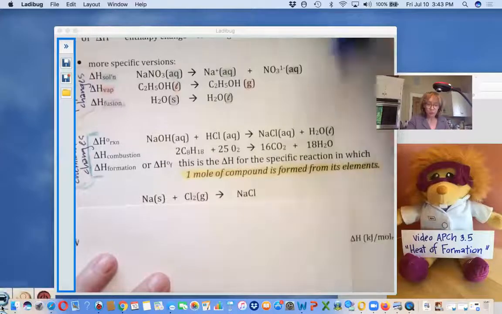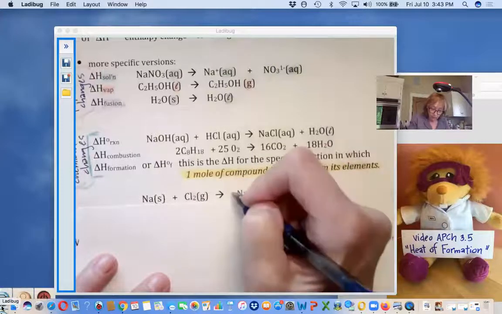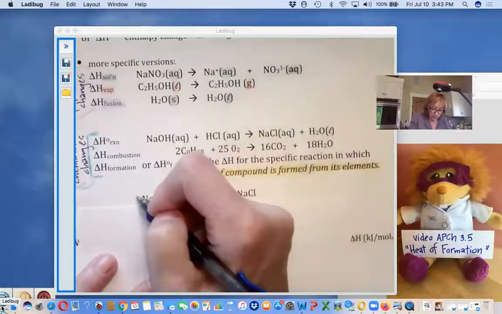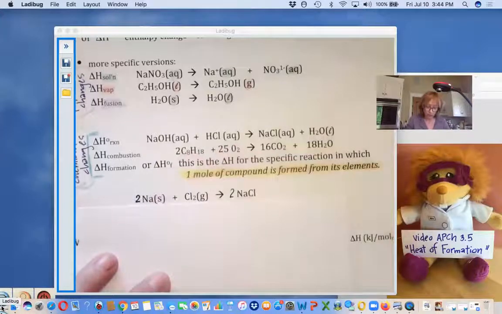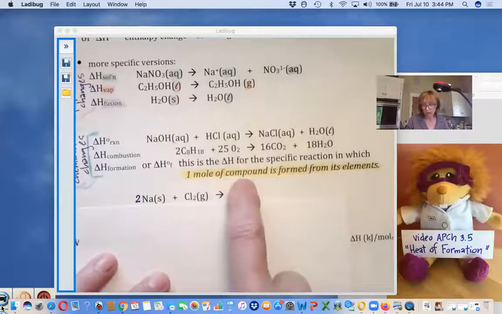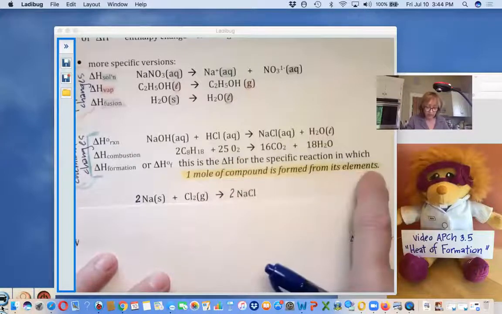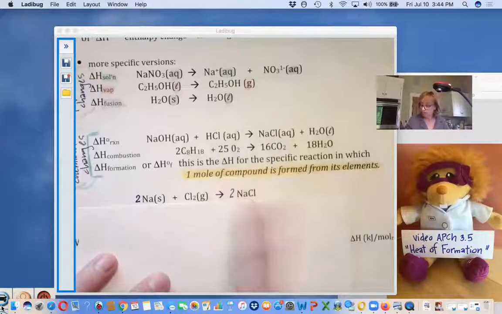Now this one's not balanced, so I would put a 2 here and a 2 here. That's the balanced equation to take the elements and form sodium chloride. Note, however, that in a formation reaction, we're looking at forming 1 mole of compound from its elements. This equation shows 2 moles.